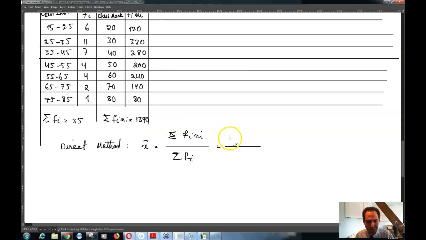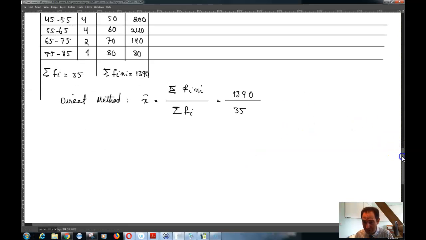Sigma f of i times x of i is equal to 1390, and sigma f of i is equal to 35. If you do this division, you will get 1390 divided by 35.